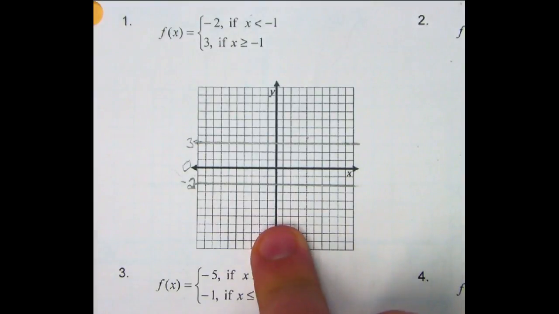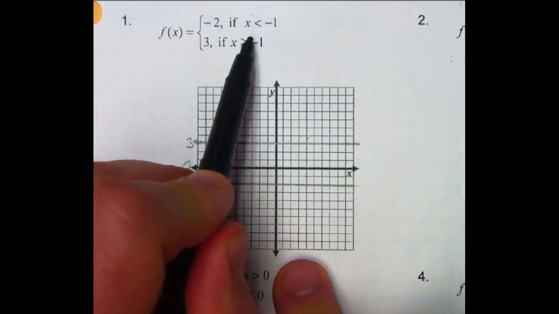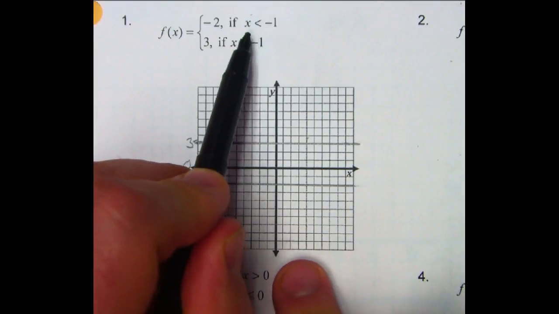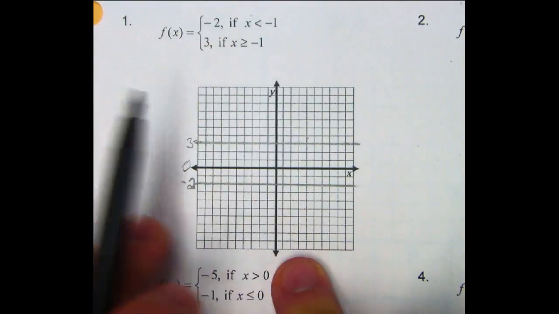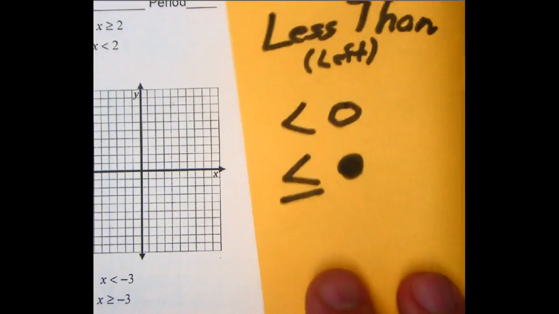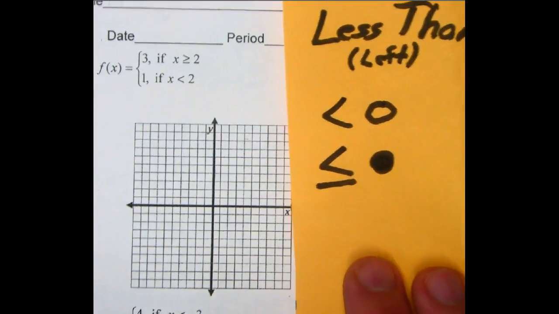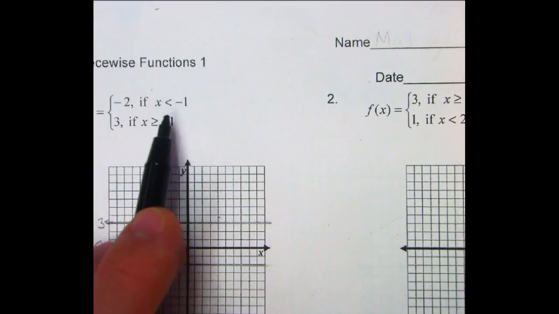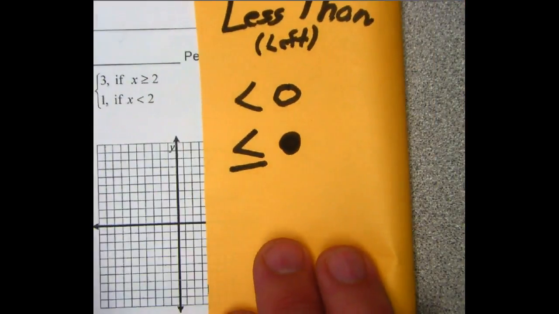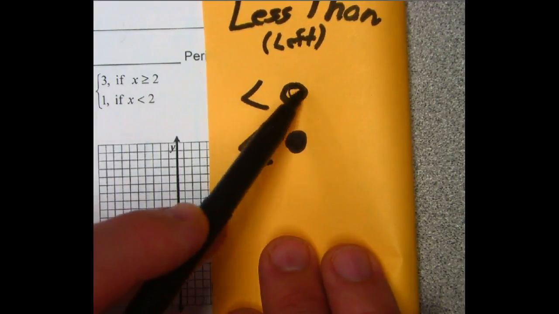Now, we want to graph less than -1. So, less than, remember, that was when you fold the right side, and since it's a less than, just a strictly less than, right? So that symbol is going to be an open circle. So we're going to graph, use the right-hand side and graph an open circle.